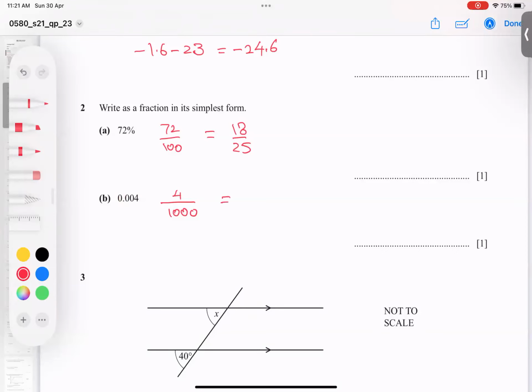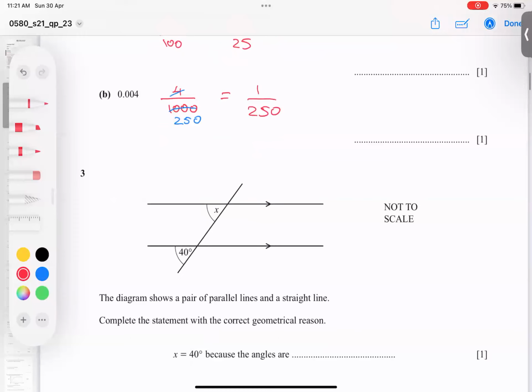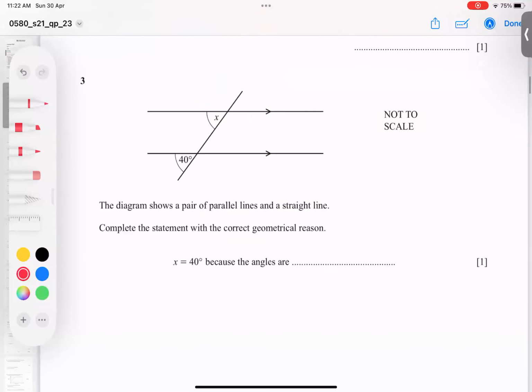Or use the cancellation process, 2 2s are 4, 4 2s are 8, 2 5s are 10. So I hope you got the idea. 1 over 250. Or you can type it in the calculator, come back.